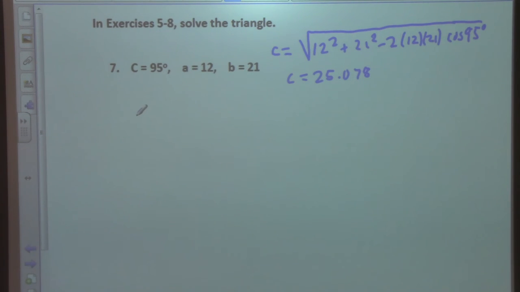I did 12 sine 95 degrees over 25.078. So this is going to be big A, right? I don't know if I got it right, because I got 0.47.